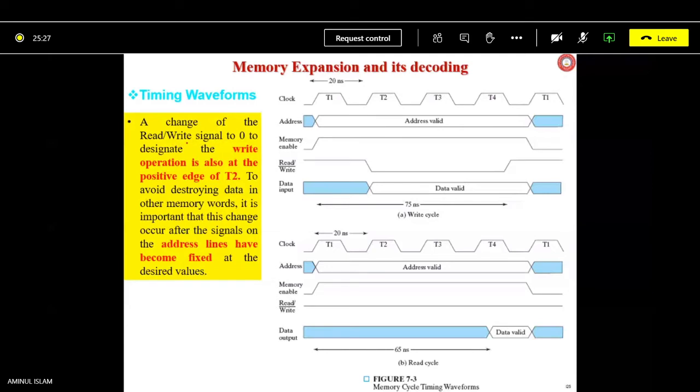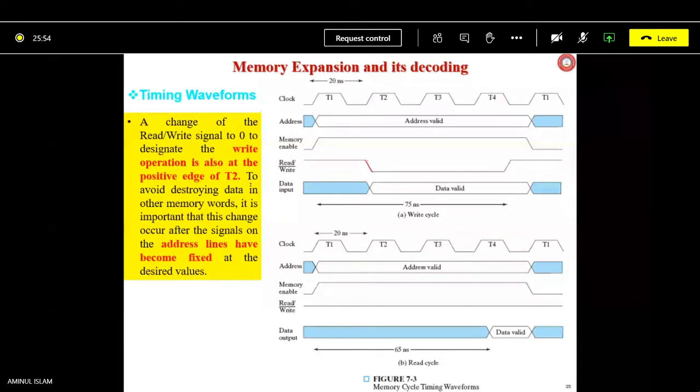A change of the read write signal to 0 designates the write event. This read write signal was high up to this point, and now it has been lowered from this point onwards. It is indicating that you are performing the write operation. It is happening at the rising edge of T2.